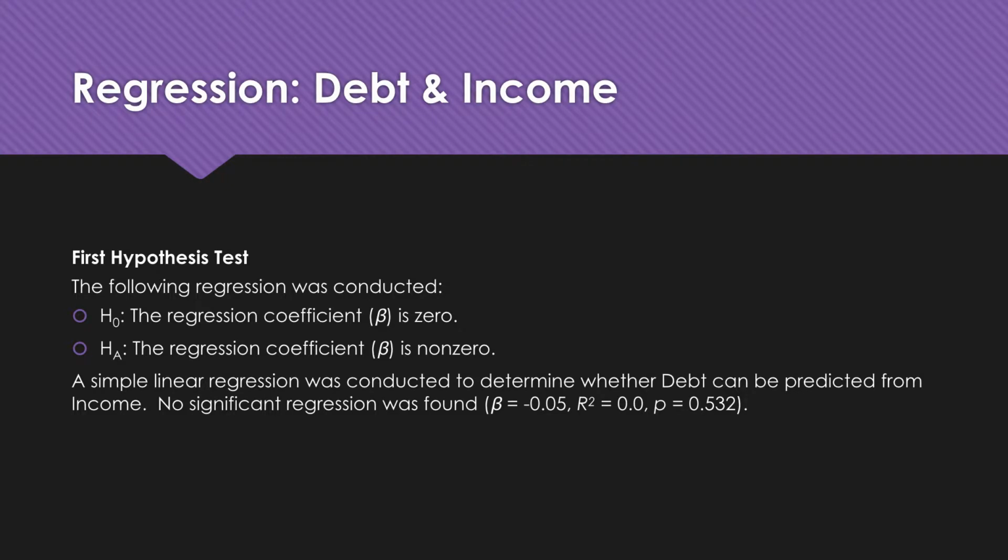We ran the linear regression using PSPP to see whether debt can be predicted from income, where debt is the dependent variable and income is the independent variable. As a part of that, no significant regression was found. Why? If you see the p-value, it is 0.5, which is much over the alpha of 0.05. Similarly, the regression r squared is 0.